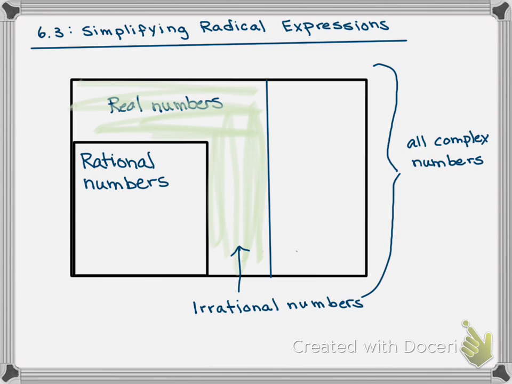So we don't actually end up seeing a lot of these because they're impossible to write down in their exact form, right? We'd have to have an infinite amount of paper and an infinite amount of time, because they never end, they never repeat, so we can't put a bar on top.